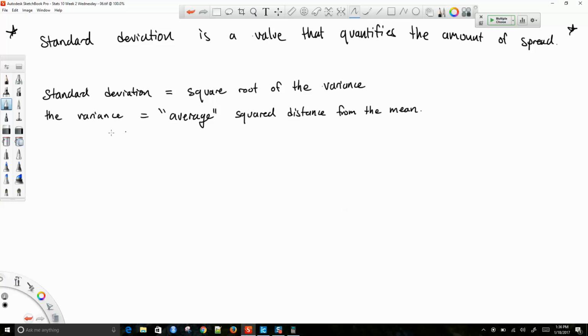The symbol for standard deviation is S, and for variance it is S squared.